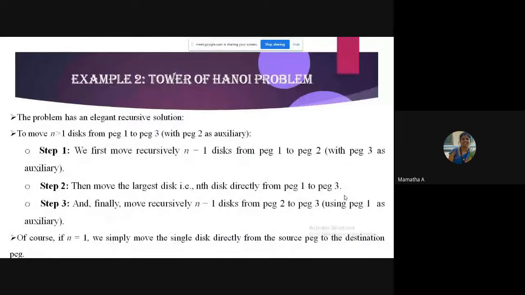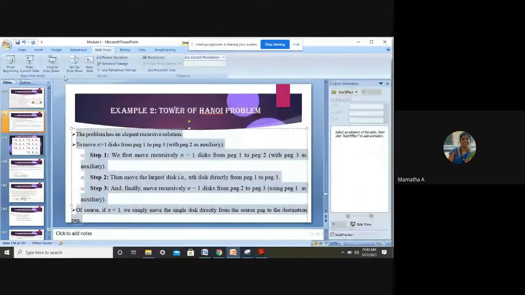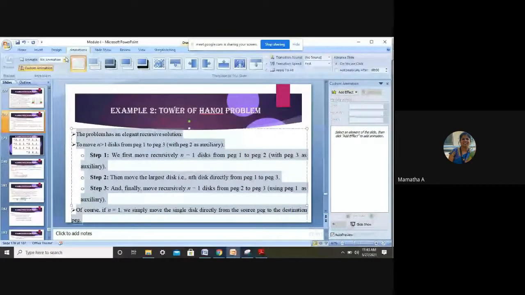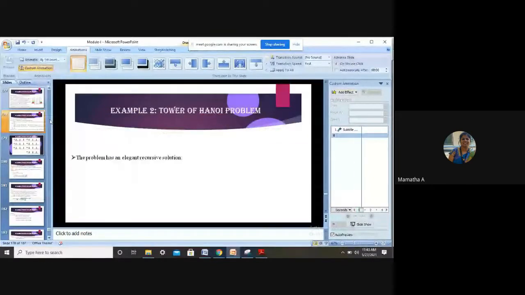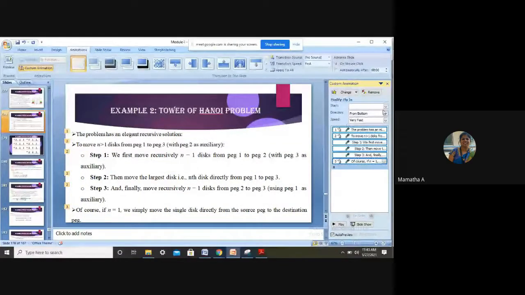The problem cannot be solved well using iteration. The best way to solve this problem is to use the concept of recursion.